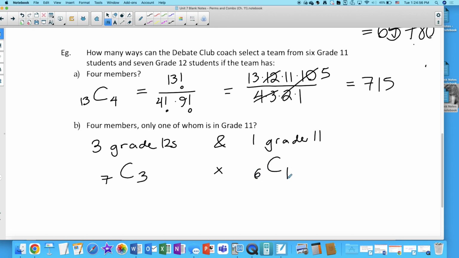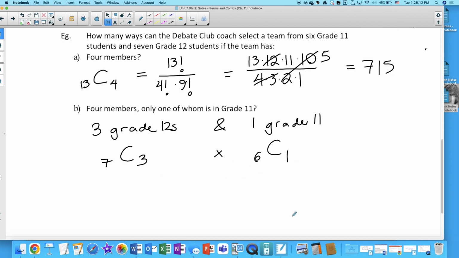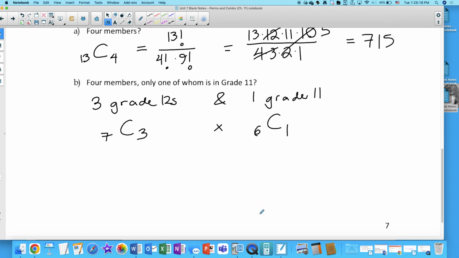6 choose 1 is always 6. Anything, n choose 1, is n, right? Because if you have n objects, you're only choosing 1 of them. There's n ways to do that. And 7 choose 3 is 35, I believe.